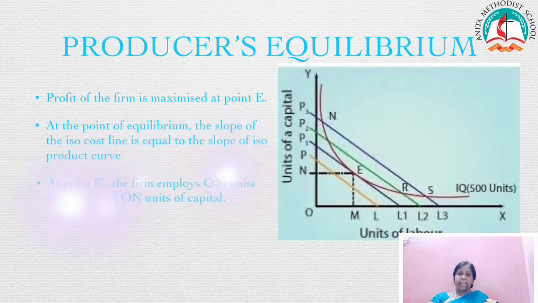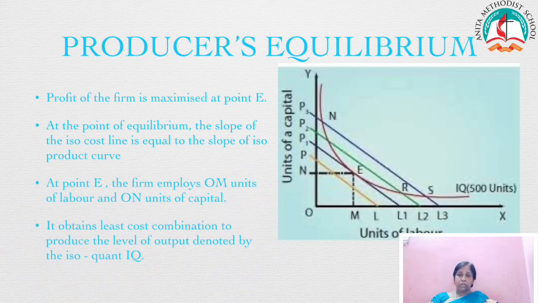At point E, the firm employs OM units of labor and ON units of capital. Here also they use only the two inputs, capital and labor. So it obtains the least cost combination to produce the level of output denoted by the isoquant IQ.